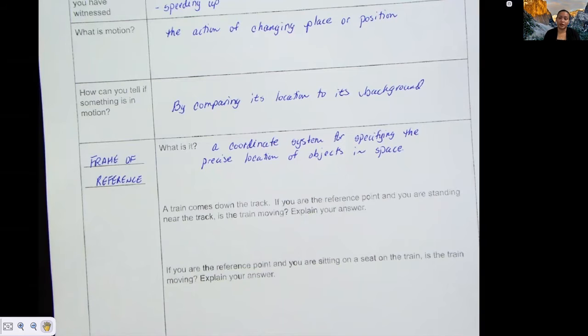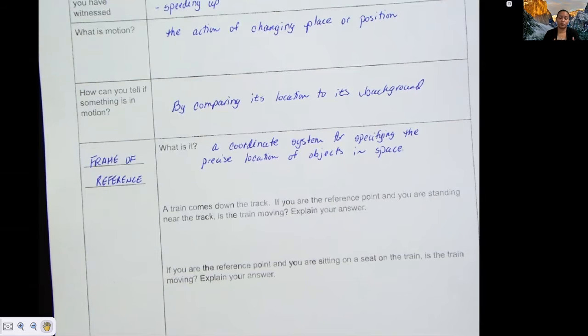So the answer would be yes. Why? Because as far as its location, based on where you are, you being the frame of reference, it would be moving. It's getting closer to you, and then it's passing you. Distance gets shorter, and then distance increases away from you in the opposite direction.